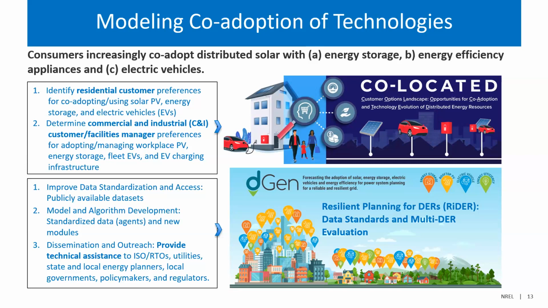There's a strong correlation between Co-Located and RIDER. Co-Located looks into surveys and preferences for PV plus storage plus EVs, what consumers prefer. We are working with 6 utilities there, and RIDER complements that with data sets.